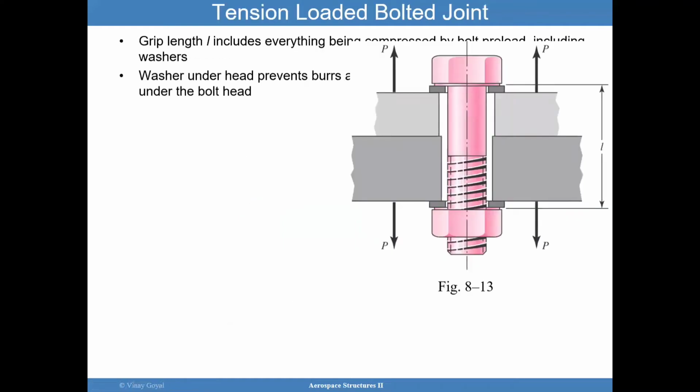I want to discuss a little bit about tension loaded bolts. That's very important to us. We have a load applied to the joint, but we want to make sure that we have sufficient preload on the bolt to compress the members. The washer underneath the bolt head prevents bearing of this corner of this member onto the bolt.